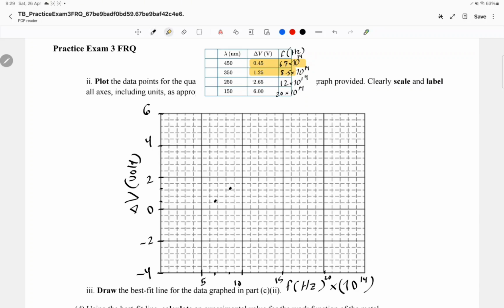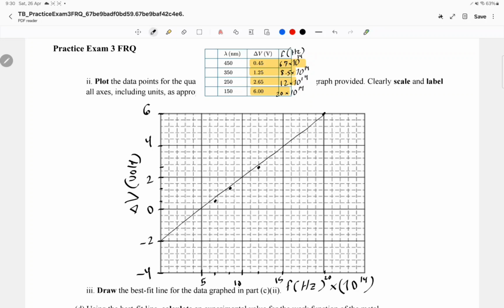Then they will do 2.65 with 12, which is here. Then we're going to do 6 with 20. Okay. Now, of course, I must do a best fit line.